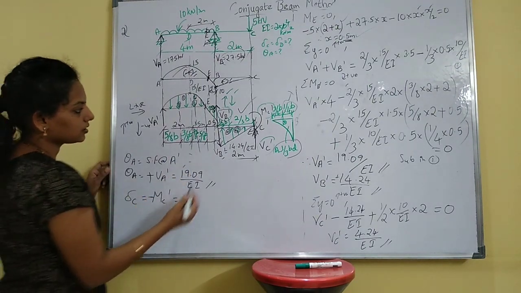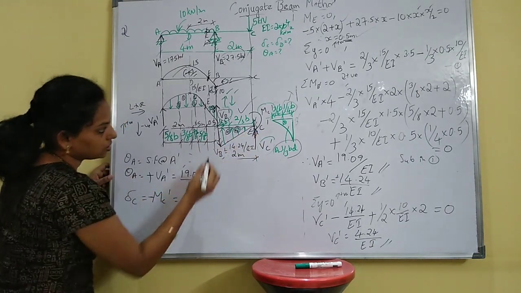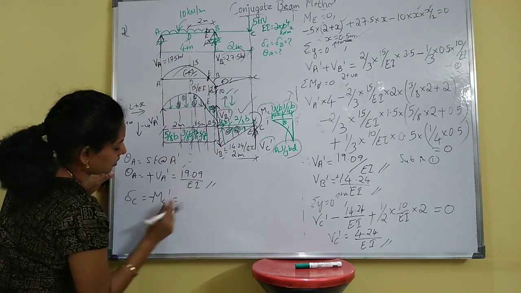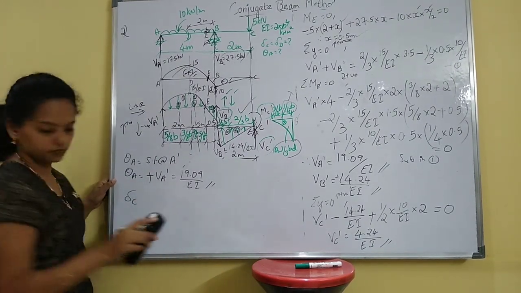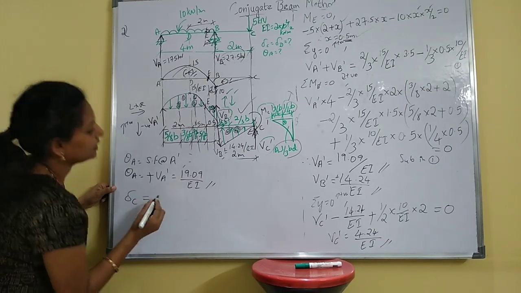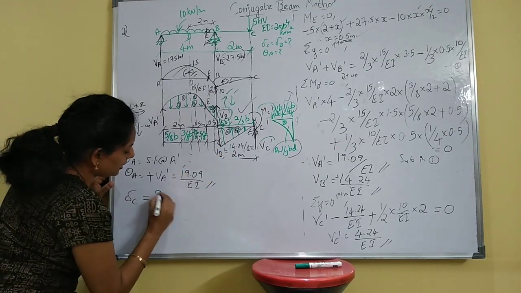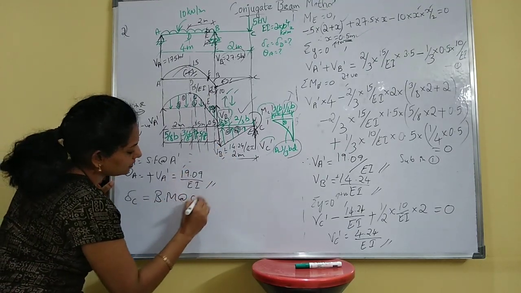So for that, you can consider from here, minus MC dash is not common, so just calculate delta C equal to bending moment at C dash.